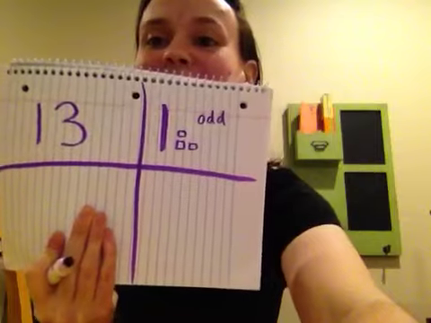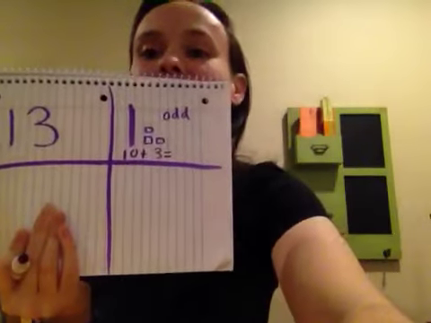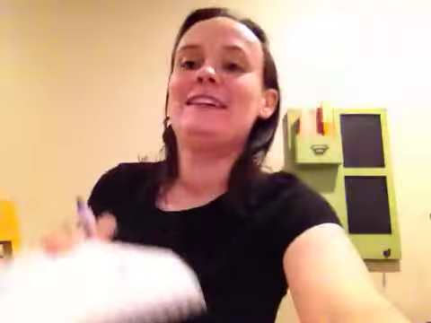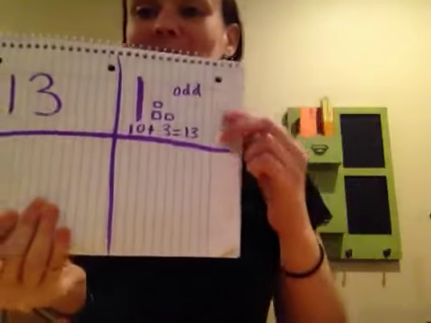And then we can do our expanded forms. So we would do the 10 plus the 1s. How many 1s are there? So I got the problem 10 plus 3. And that would equal our number. Okay, so now do tallies with me.